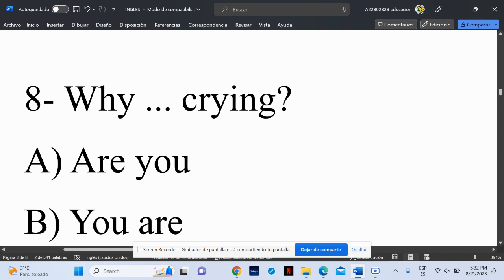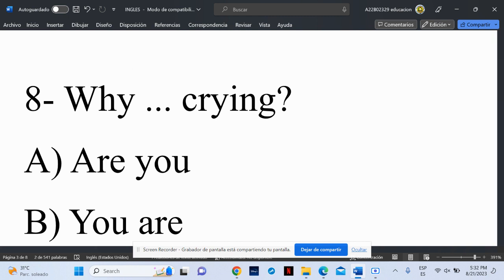Entonces, tenemos que buscar una expresión de pregunta. Si recuerda, when we use the W questions, you have to use W question plus verb to be. O sea, después de utilizar las expresiones de preguntas W, the next one that you have to use is a verb to be.